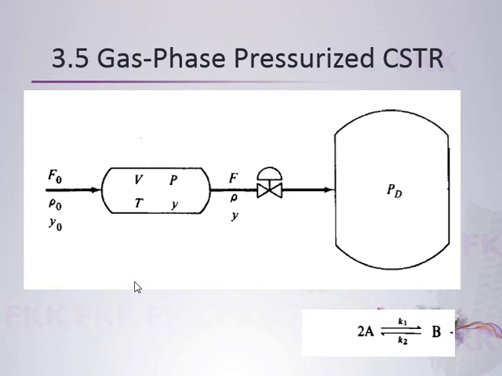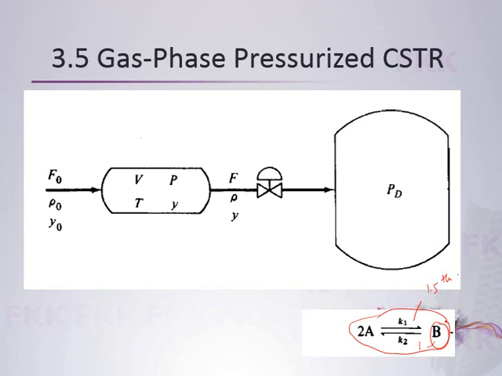A reversible reaction occurs, so we are going to assume that this is the equation: 2A going to B, a reversible reaction. The forward reaction is 1.5 order in A, and the reverse is a first order reaction, first order in B. You can see that, yeah.